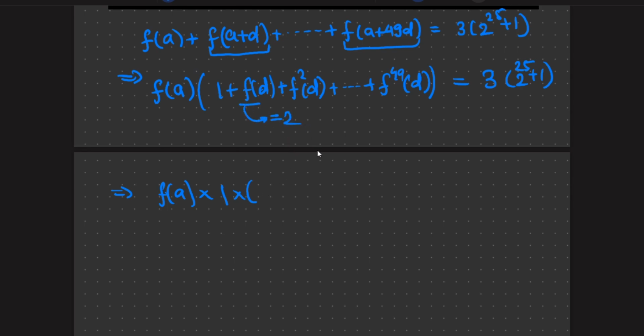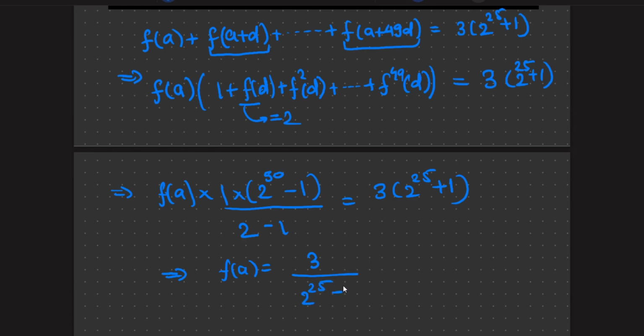I'm just applying the GP formula over here. So you get (2 to the power 50 minus 1) by (2 minus 1), is equal to 3 times (2 to the power 25 + 1). So you can easily see that the value of f(a) will come out to be 3 by (2 to the power 25 minus 1). This is just the calculation part, okay?